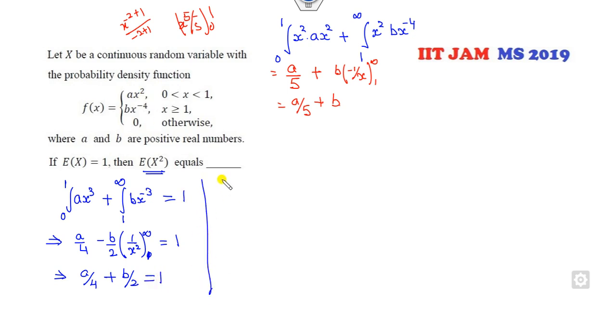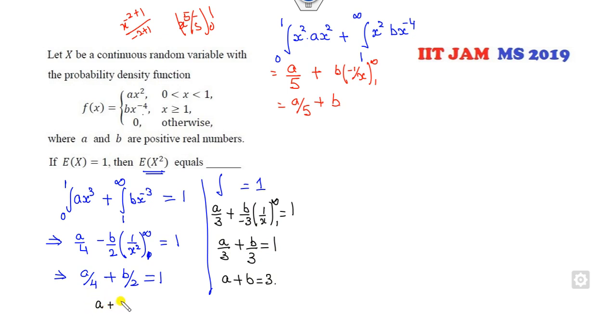Second equation, I can integrate this. It should be 1. So it's a over 3 plus, what is the integration of this? b over minus 3, 1 over x is 1. So a over 3 plus b over 3 is my 1. So from here I can say a plus b is my 3. From here I can say a plus 2b is equal to 4.